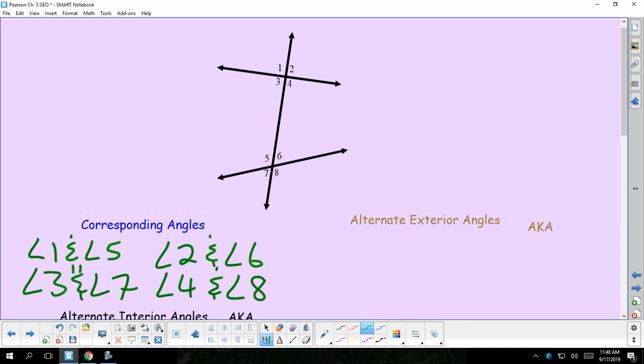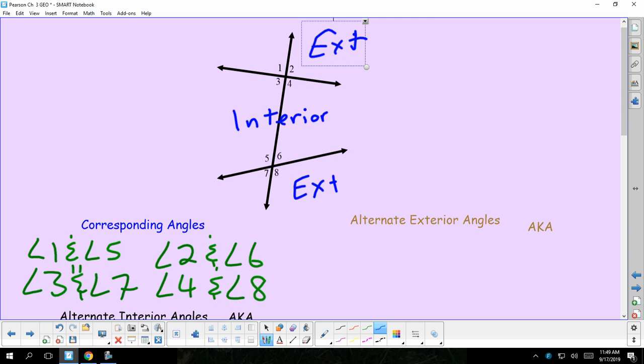All right, so the next angle pair relationship we have is alternate exterior. When I have two lines cut by a transversal, I have the interior, which is between the two lines, and then the exterior, which we have up here and up here. So the interior is between the lines, the exterior on the outside. Alternate means on opposite sides of the transversal.